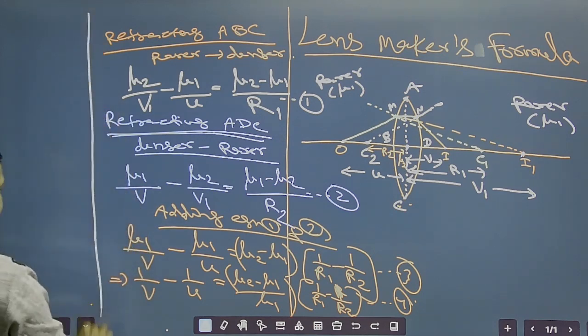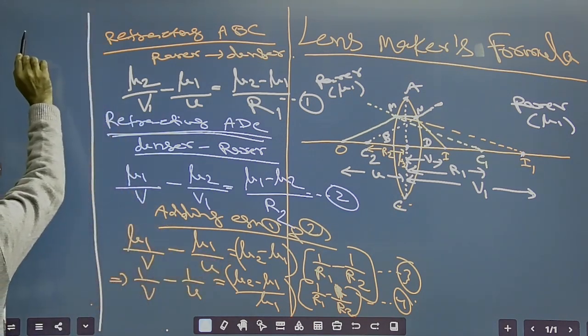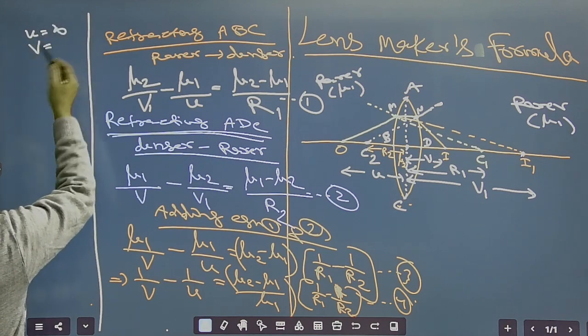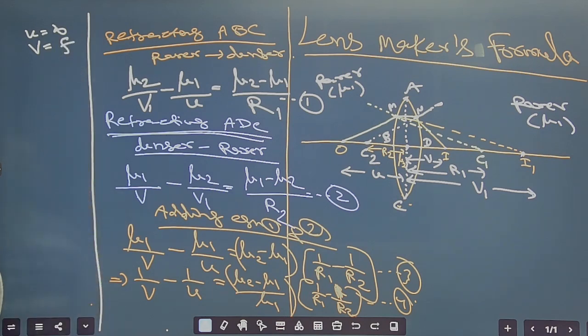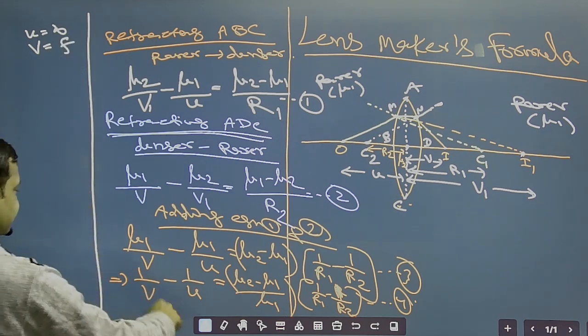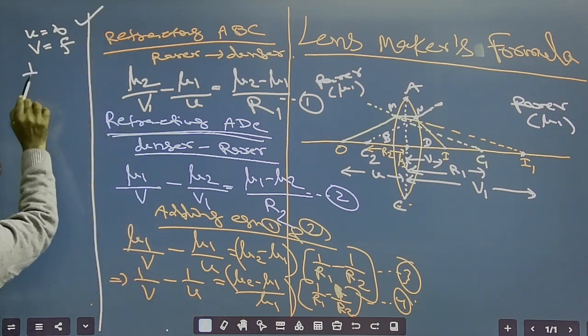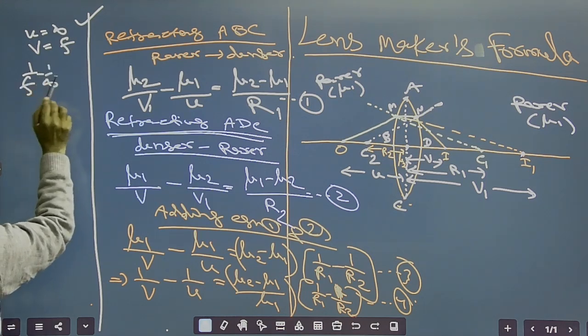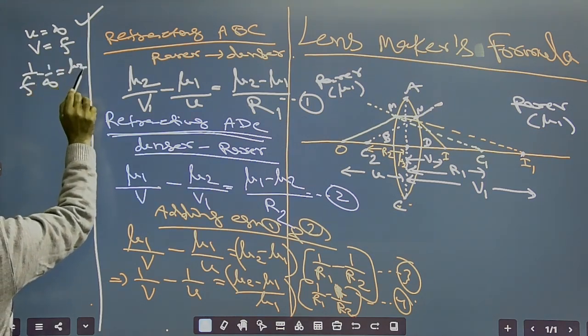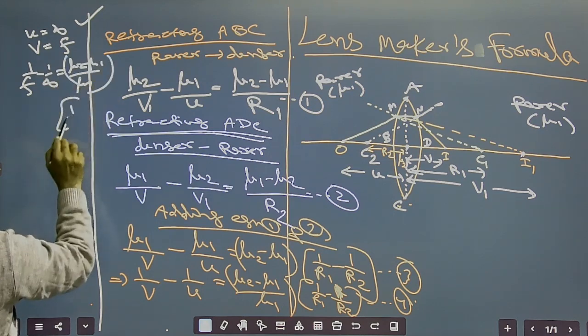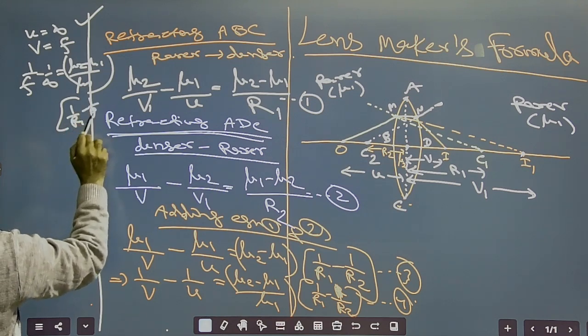Here different conditions you can put. Suppose the object is at infinity, so your image is formed at focus. By putting these conditions, we get 1 upon f minus 1 upon infinity equal to mu2 minus mu1 upon mu1 into 1 by R1 minus 1 by R2, right?